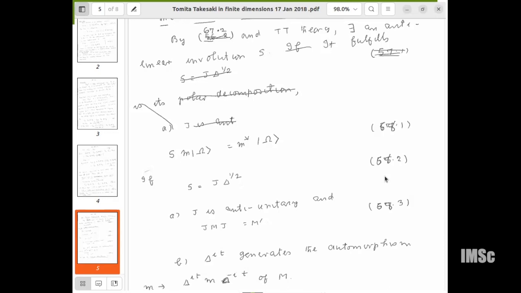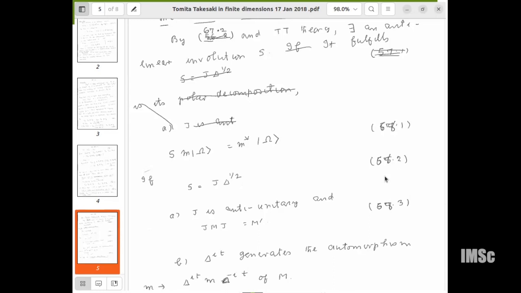And for an anti-linear operator, the equation looks like this. S is anti-linear. So the polar decomposition of S involves J, an anti-unitary operator, which absorbs the anti-linearity of S. Instead of exponential i theta, I get J, which is anti-unitary. That means J star J is 1. In fact, J squared is 1. It is multiplied by what is normally written as the square root of delta.